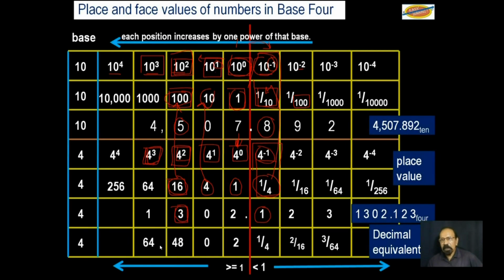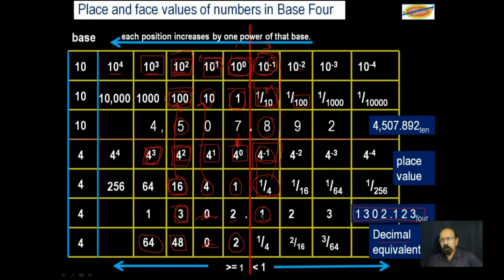If we want the decimal equivalent of this base 4 number that we just wrote there, we have 1/64, that is this. We have 3/16, that is 48. Well, we have no 4, no 4. We have 2 1s, that is 2.